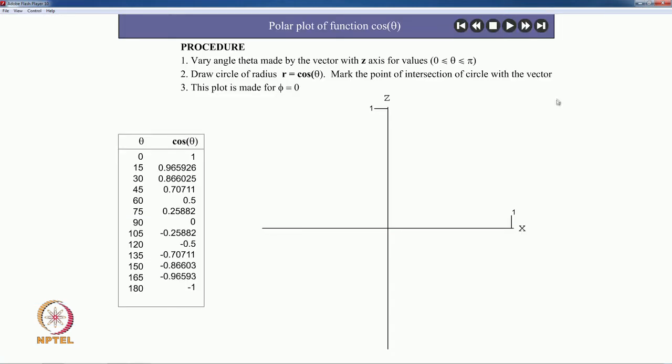Let us look at Y11. So, first let me see Y10. Here I am plotting Y10 at one value of phi, but this function, you know, is cos theta. Therefore, it is the same for all values of phi. So, if we know the shape of this function for theta, then we can reproduce that shape for all the values of phi.